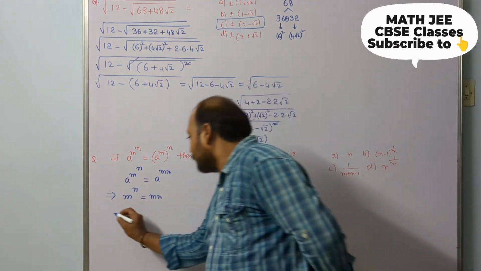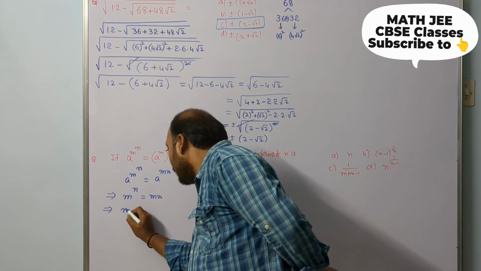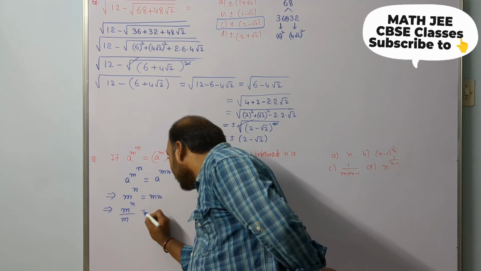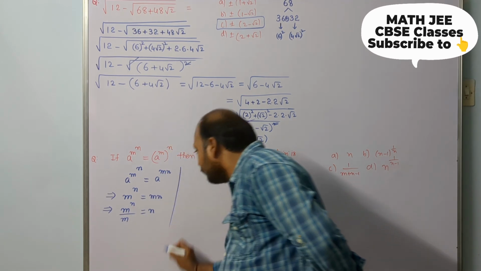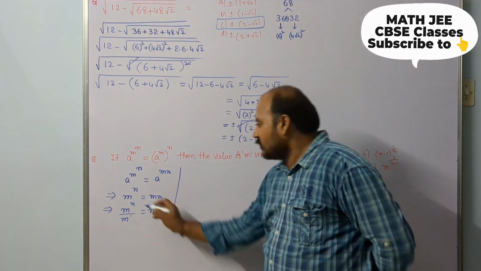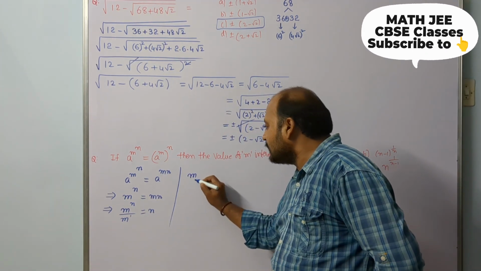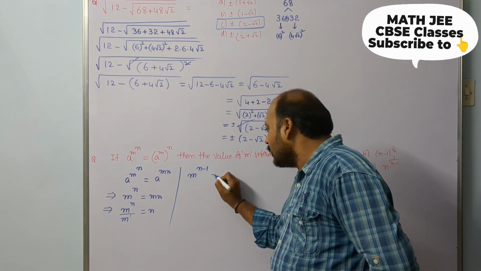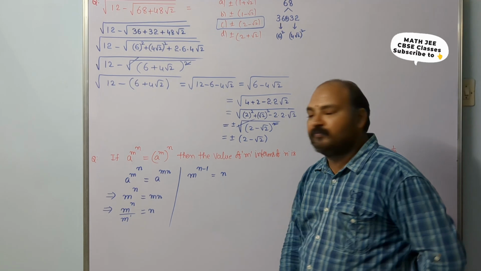In the next step, m power n, here m I am bringing here, m power n equal to mn. M means what? M power should be 1 only, no? So we can write it by using indices properties, m power n minus 1 is equal to n.